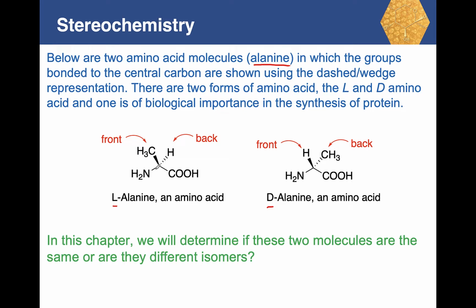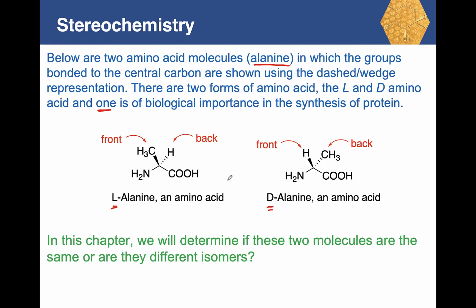We know from biology that the L and the D amino acids are different based on its usage in protein synthesis. And only one of these, L and D, only one is used in protein synthesis.